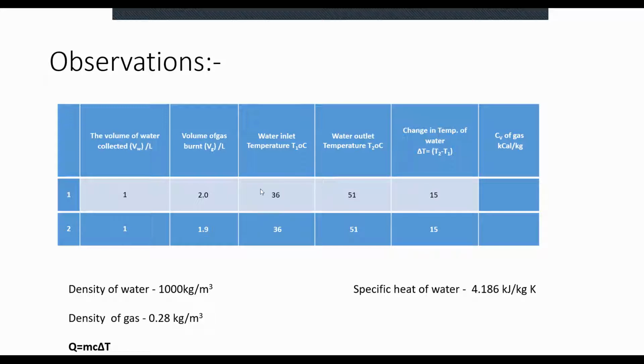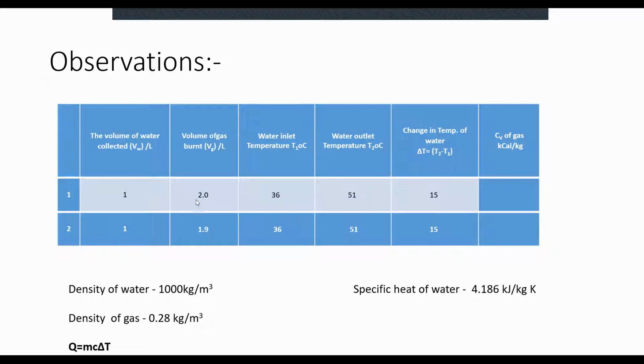So that water has some temperature increase now. The water inlet temperature is 36, room temperature, and the outlet temperature is 51. So this temperature difference is 15. So the 1 liter of water increased in temperature by 15 degrees Celsius, right? That means the water absorbed some energy.